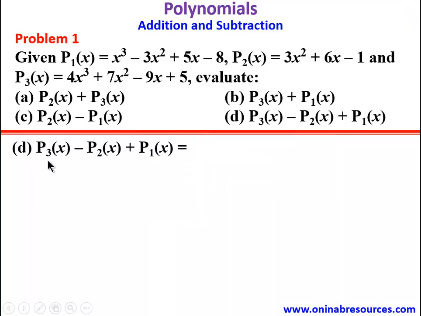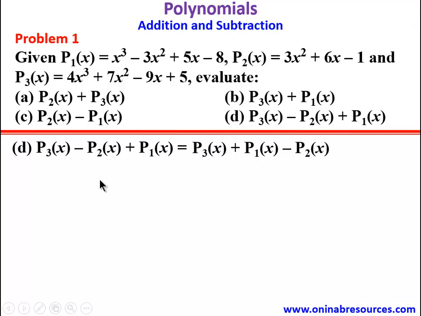And in D, we have P3 of x minus P2 of x plus P1 of x. So in this problem, I'm going to arrange the positive terms first. Since the P3 of x is positive and P1 of x is positive, I'll do the addition first before the subtraction.